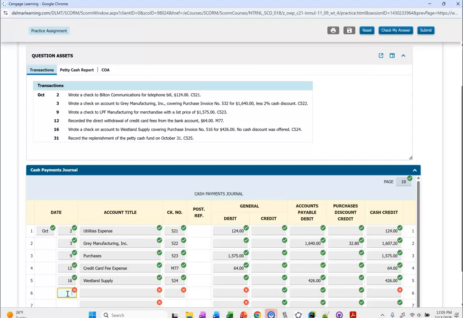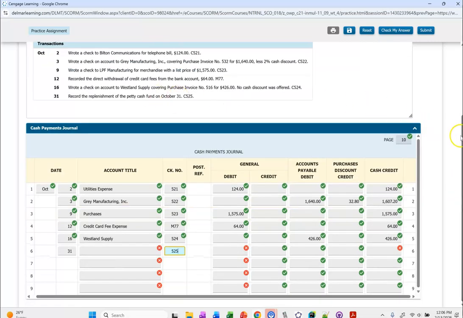Our last transaction was on the 31st. We recorded a replenishment of petty cash using check 525.